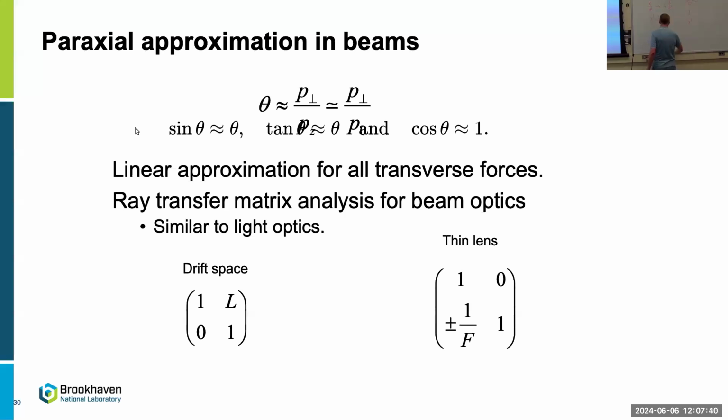Also, we're calling it x prime by convention. So this is theta, p transverse momentum over full. Then at some distance down the drift line, you simply need to do a matrix multiplication.